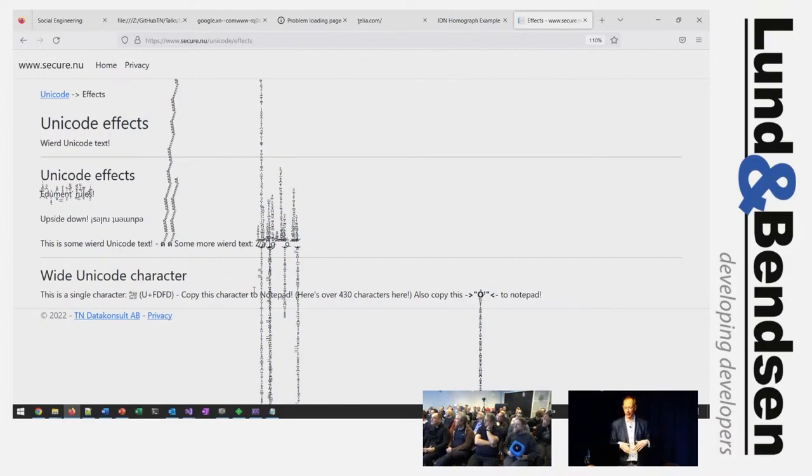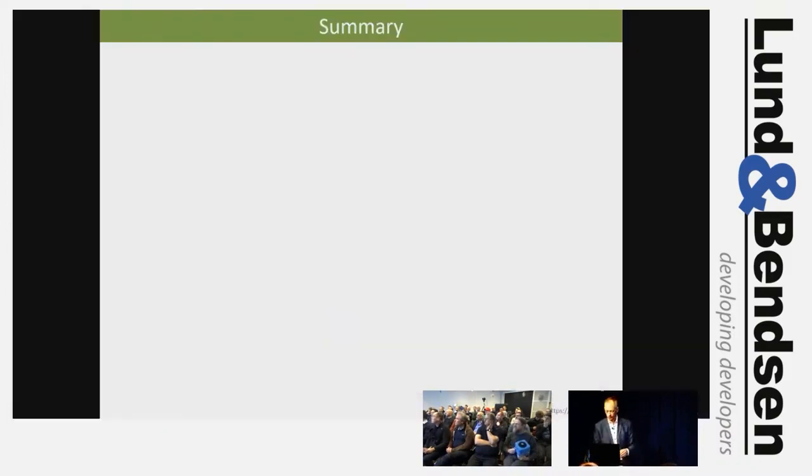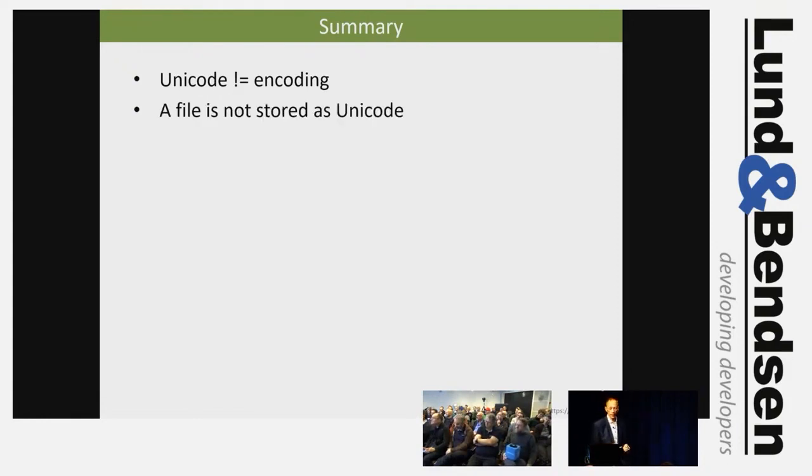And lastly, there's the human factor of trying to make people click on links that you should not click on. So that's one scary part. And just to summarize, Unicode is all about the character map, where each character has a number and a description. And encoding is the separate thing that talks about how we convert that character value to bytes on the disk or in memory. Also, a file is not just Unicode.